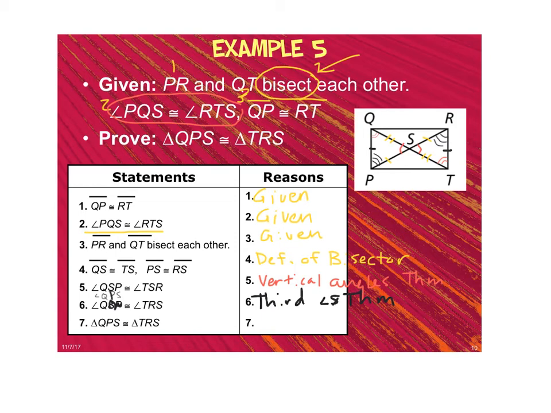So this is the definition of congruent triangles. So these two triangles have to be congruent because they have 3 pairs of congruent sides and 3 pairs of congruent angles. So that is everything you need to know for section 4.4.